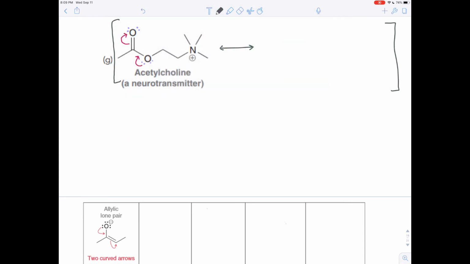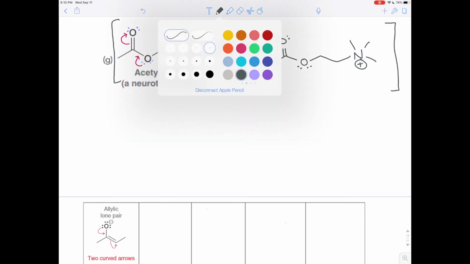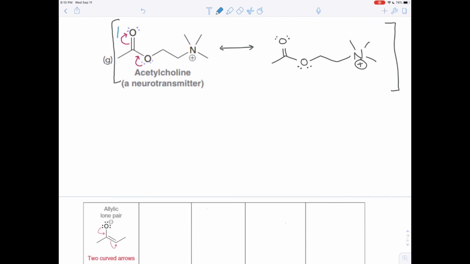So to draw the resonance structure, just copy that molecule exactly as it is, just without the curved arrows. And now we want to look at which atoms the curved arrows are affecting, because the formal charge on those atoms may change.